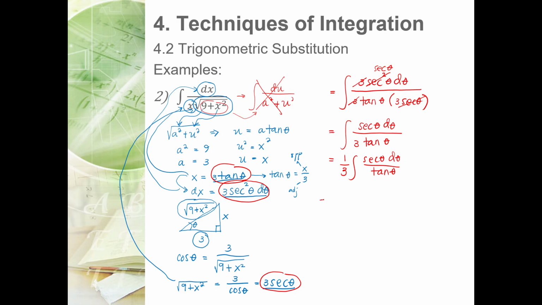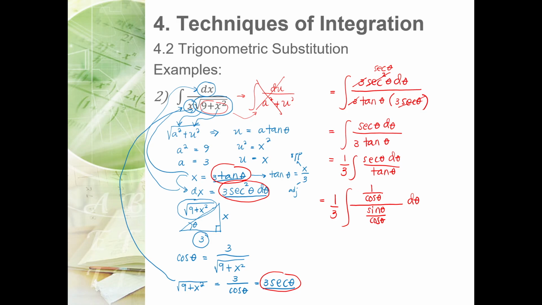We have 1/3 the integral of 1 over cosine theta, divided by sine theta over cosine theta, d theta.